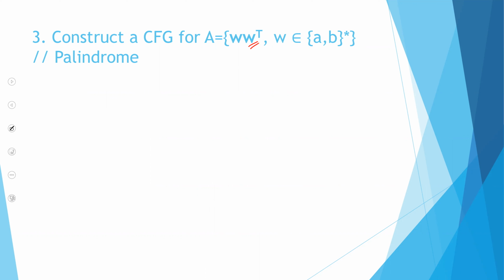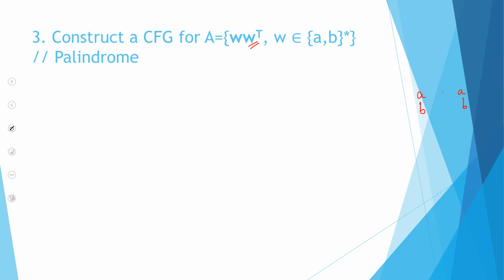Imagine you have a word starting with A. If it should be a palindrome, the ending should also be A. Or if it starts with B, the ending should also be B. In between, you can have the same thing, recursive again.